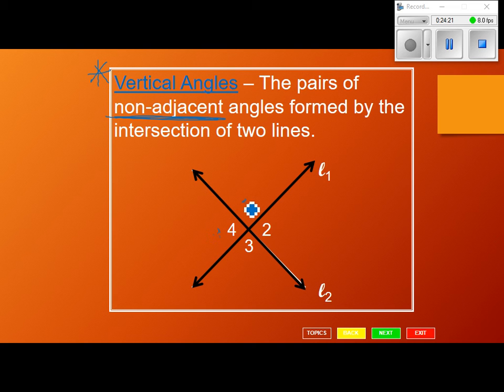So these are adjacent to each other. We don't want those. 1 and 2 are adjacent to each other, but 1 is not adjacent with 3. Those are the non-adjacent ones, angle 1 and angle 3. So here we would say angle 1 and angle 3 are vertical angles.